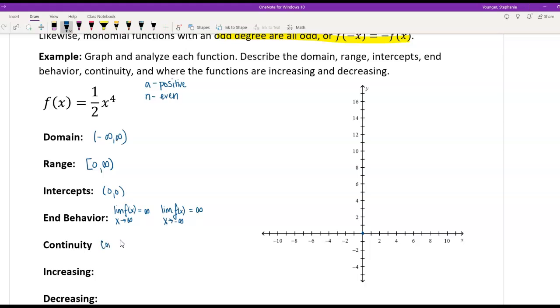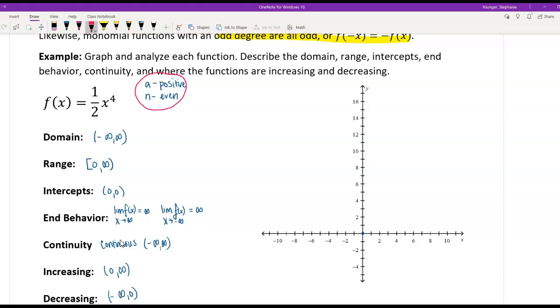We also get that it is continuous from negative infinity to infinity. There's no discontinuity, there's no breaks, there's no jumps. It is increasing, that U shape, from 0 to infinity and decreasing from negative infinity to 0. Once again, we know all of this simply because a is positive and n is even.